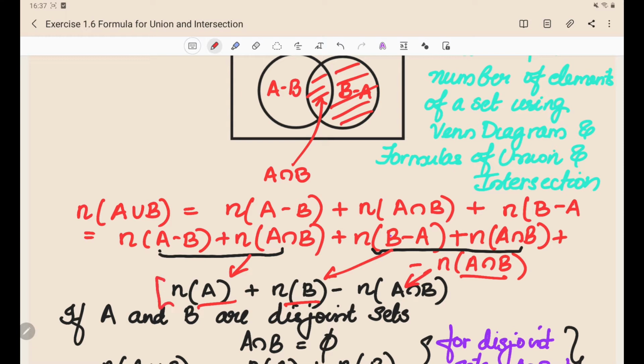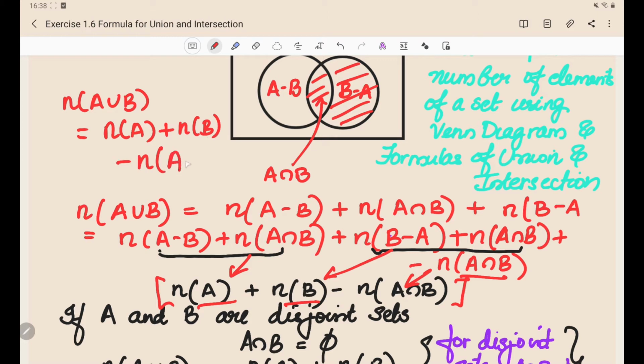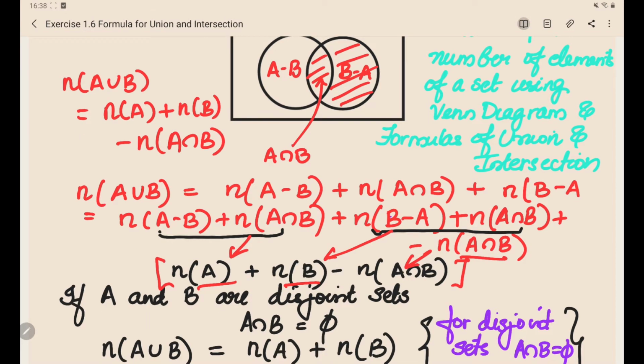And this is the formula to solve practical problems using union and intersection of sets. It's very easy, nothing complicated. n of A union B is equal to n of A plus n of B minus n of A intersection B. So this is the formula for the practical problems on union and intersection of sets.